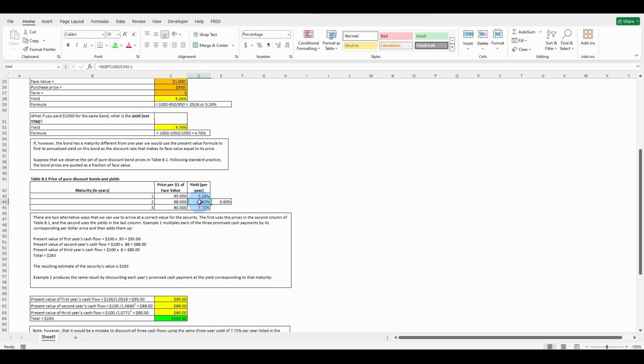We're going to get the same thing if we use the square root of 100 divided by C44, minus 1. A lot of different ways to do the math and get the same result. If we have a price of 80, we're going to take the same format, 100 divided by its price, to the power of 1 divided by 3, minus 1. Come up with this 7.72%.